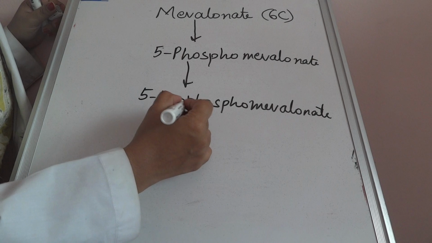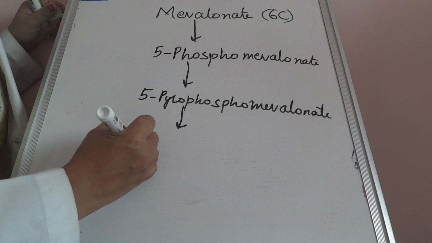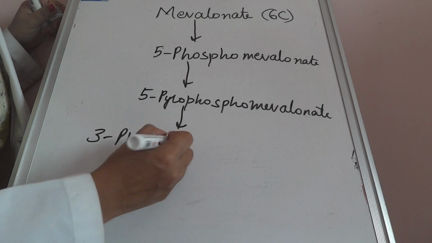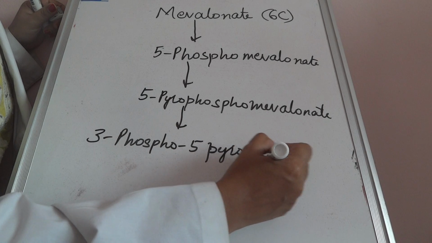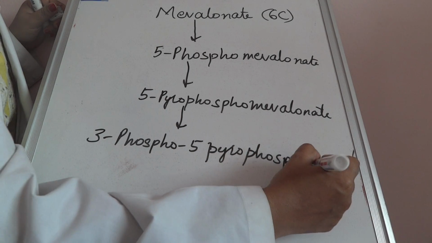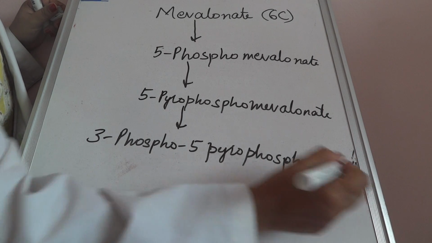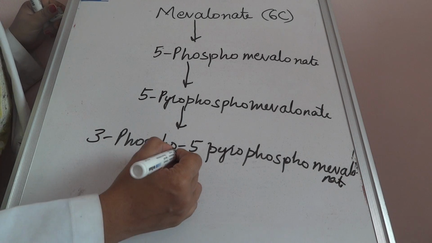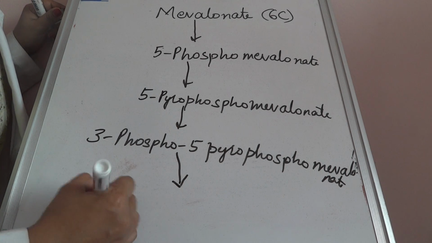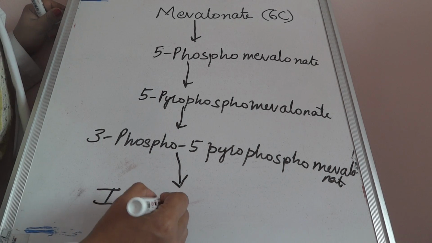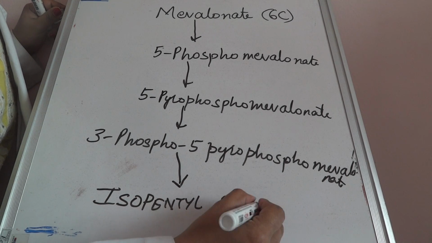Again we add one more phosphate group. So now it forms 3-phospho 5-pyrophospho mevalonate. Now finally there is a decarboxylation and it forms isopentyl pyrophosphate.